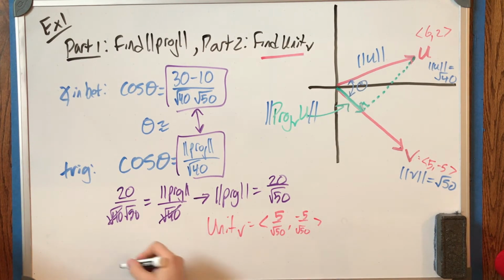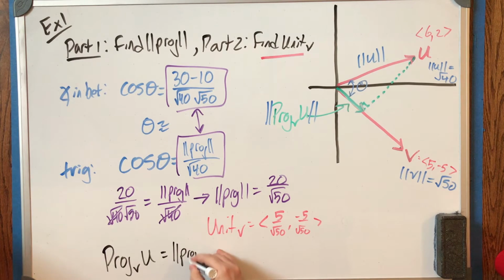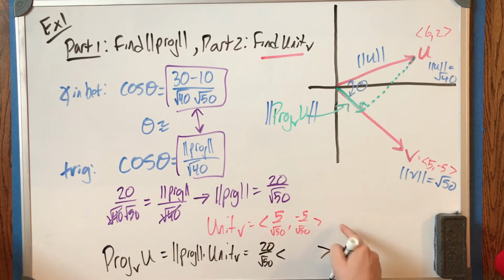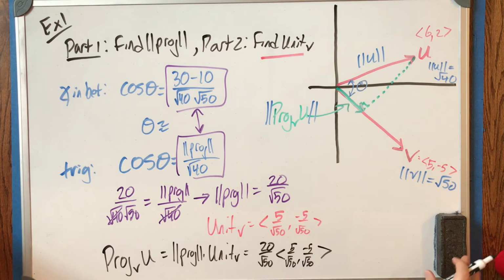So to find the actual projection of u onto v, we just multiply the length of the projection times that unit vector. So that's going to be 20 over the square root of 50 times this vector right here. Okay, so 5 over the square root of 50, negative 5 over the square root of 50.